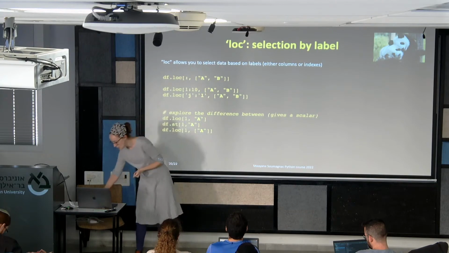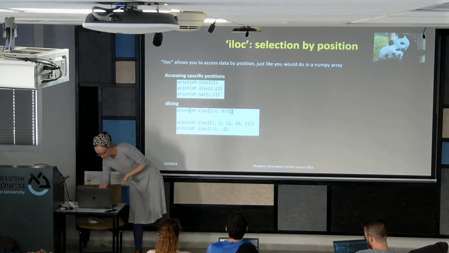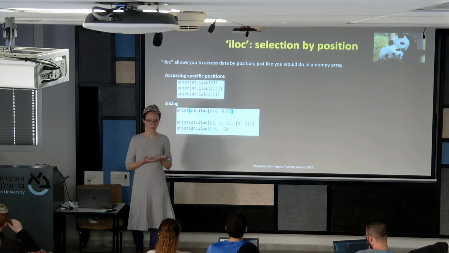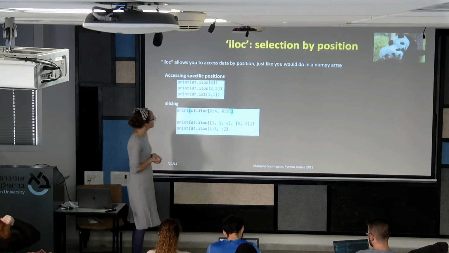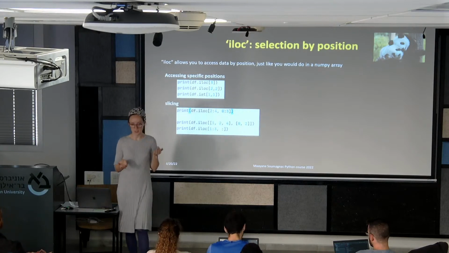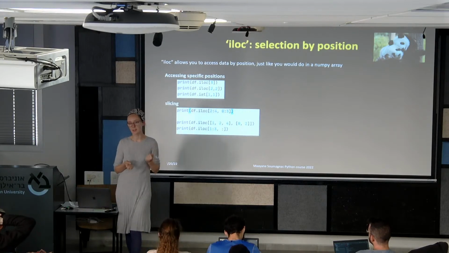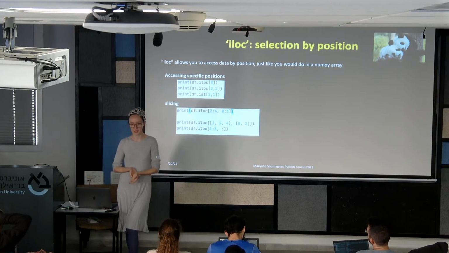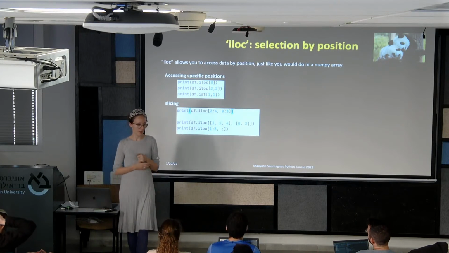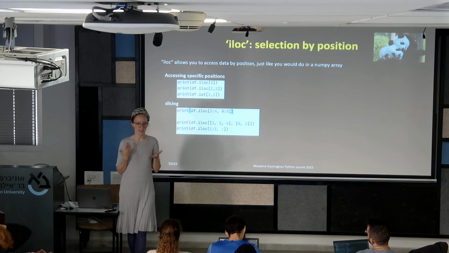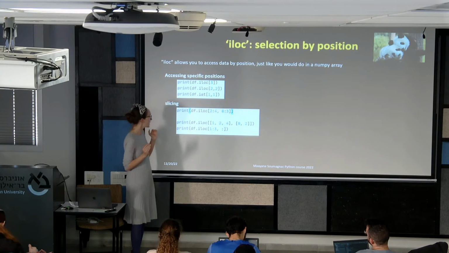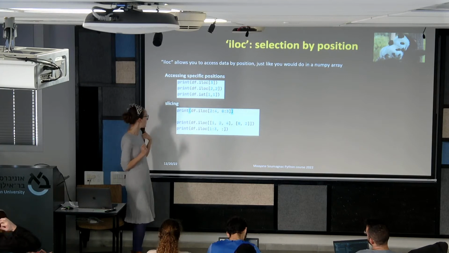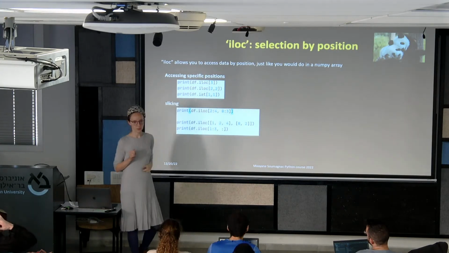So there is another way to select things, which is closer to what we know already, which is selecting things by position, just like you would do in a NumPy array. If you're new to pandas, usually when people have been working with NumPy for a long time, it's easier to do slicing. So you can do exactly the same thing as you would do with NumPy with iloc.